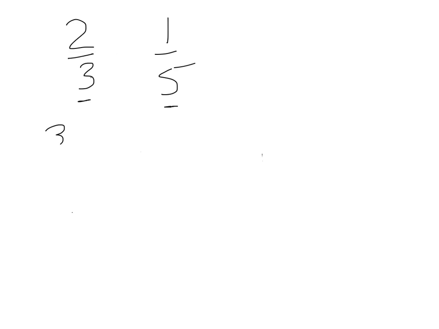So I would take 2/3, and if I multiply 3 times 5, I can get 15. I do the same to my numerator. 2 times 5 is 10. So 10/15 and 2/3 is the same.